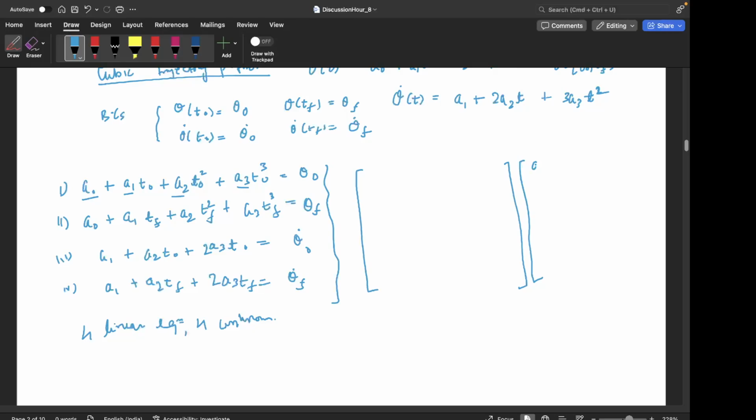So our parameters are a0, a1, a2, a3. This is theta 0, theta f, theta dot 0, theta dot f.